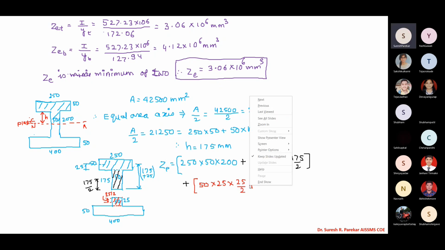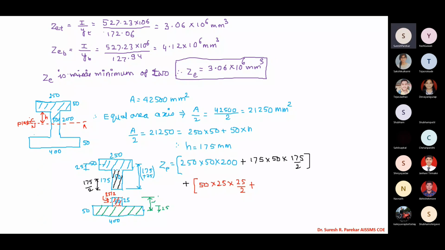And then we have last. So we have this portion. So we have distance from this to this neutral axis, plastic neutral axis. So we have this distance as 25.